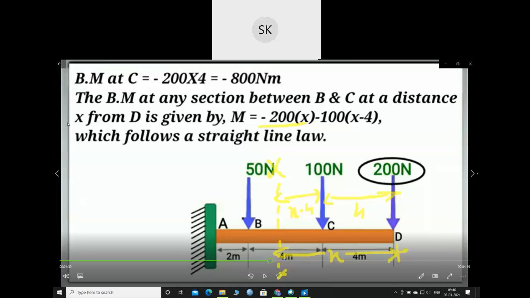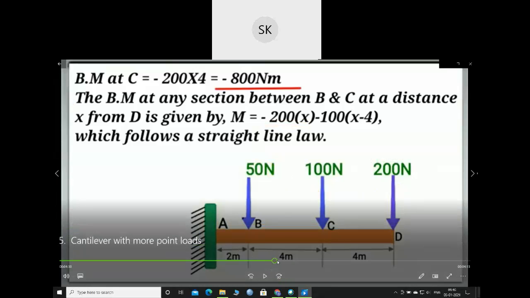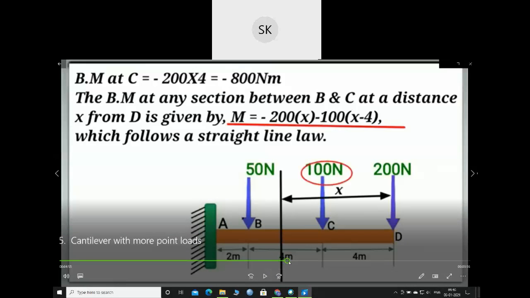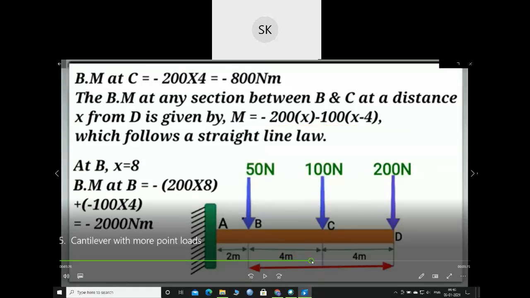But if you need to find the bending moment at B, you can replace this x value with 8. Let's see the next step. Bending moment at B: they have replaced the x with 8. So this is the bending moment at B. Understood?